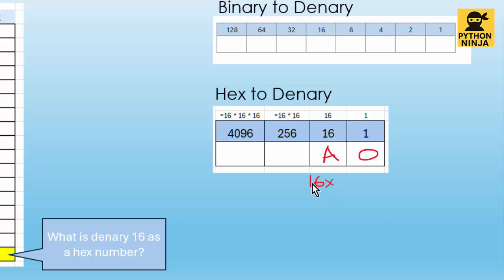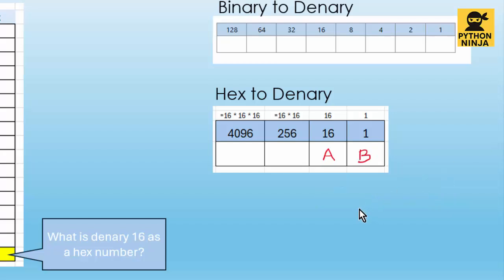Remember, 10 is A, so 16 times 10 is 160, and we've got nothing in this column here, so nothing to add. So therefore A0 as a hex number is equivalent to the denary value 160.